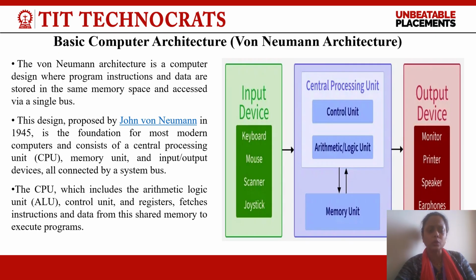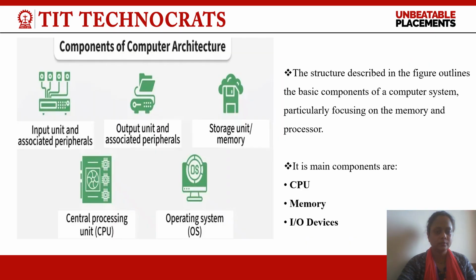The CPU, which includes the arithmetic logic unit, control unit, and registers, fetches instructions and data from the shared memory to execute them. Just like presented in the graph, input-output devices are connected through the central processing unit, which consists of the control unit, arithmetic and logical unit, and memory unit.